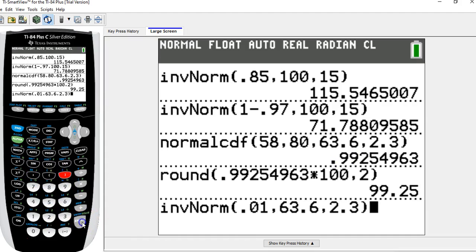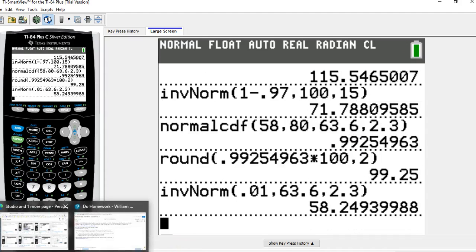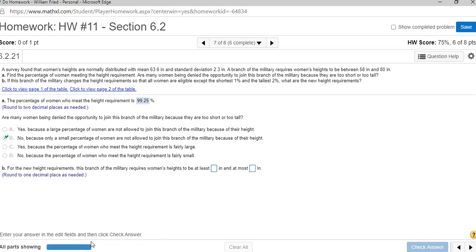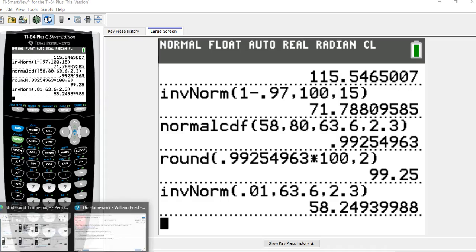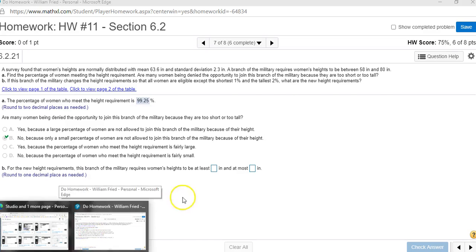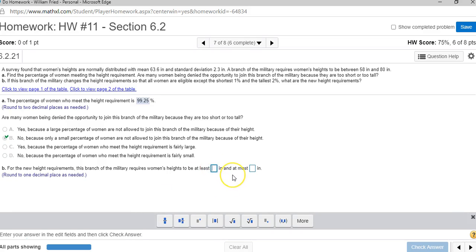When I enter that, I get 58.249. Rounded to one decimal place, it's 58.2. So for this, I want at least 58.2.